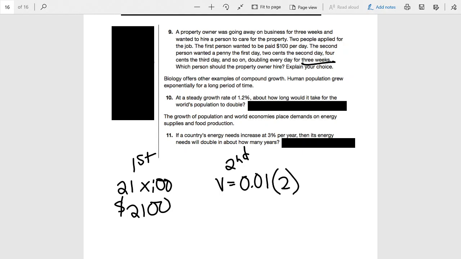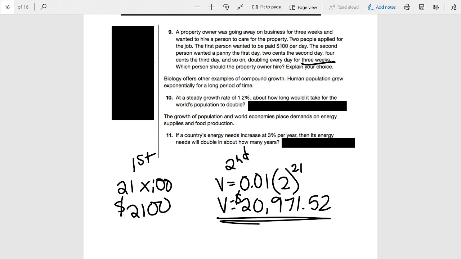So we double every day for 3 weeks. That's 21 days. Well, let's plug that into our calculator and see which one we should hire. So 0.01 times 2 to the 21st power. And by the end of those 3 weeks, the property owner would have to pay $20,971.52.